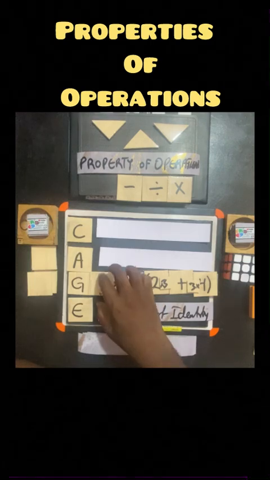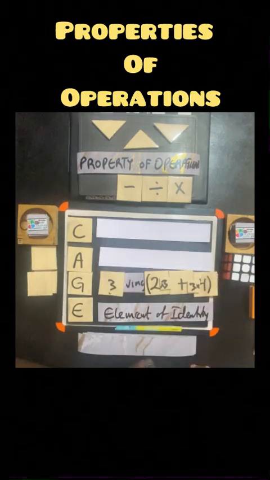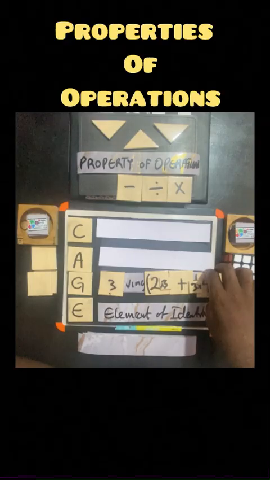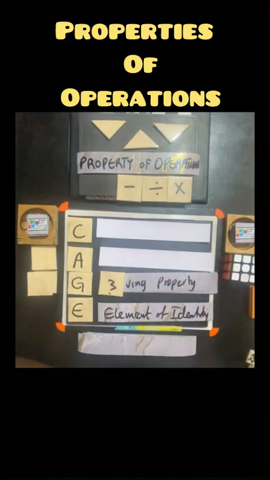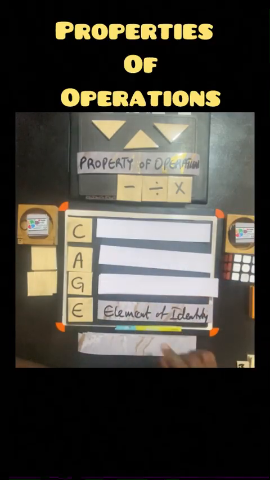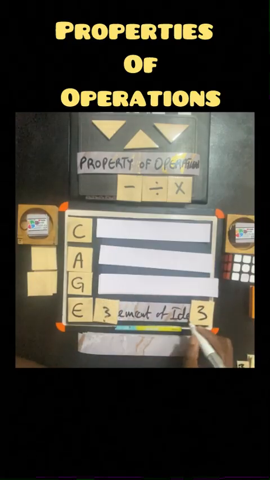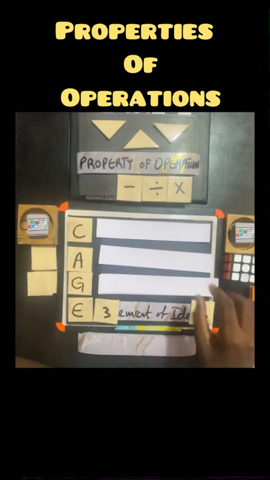Now, identity element. We're going to pick 3, and we're going to condense all this. Identity element means that I want an element which is a mirror, which can recreate another element.